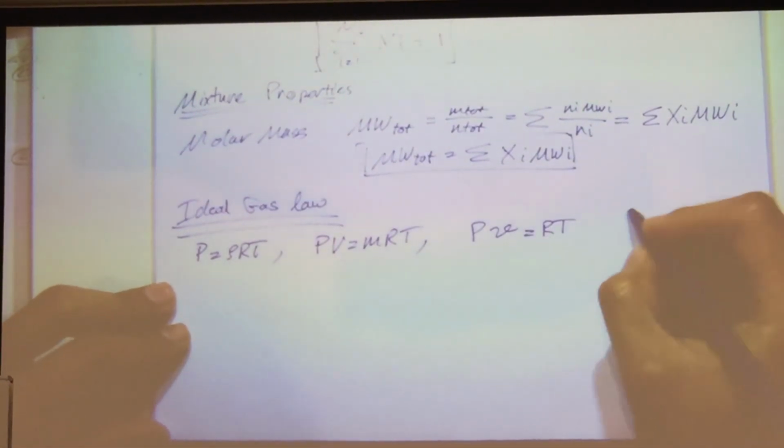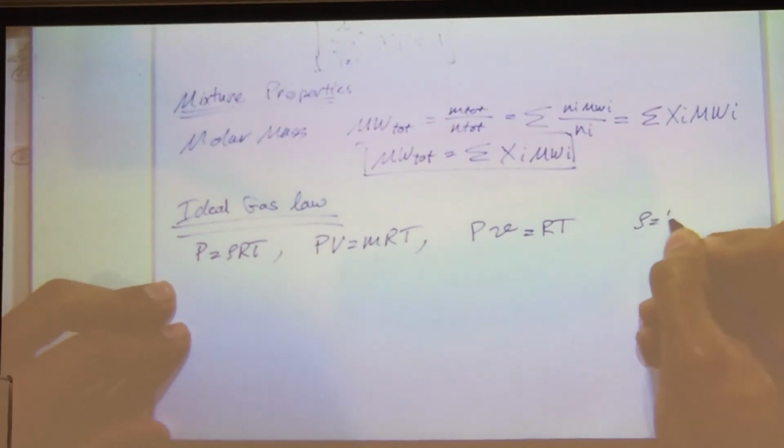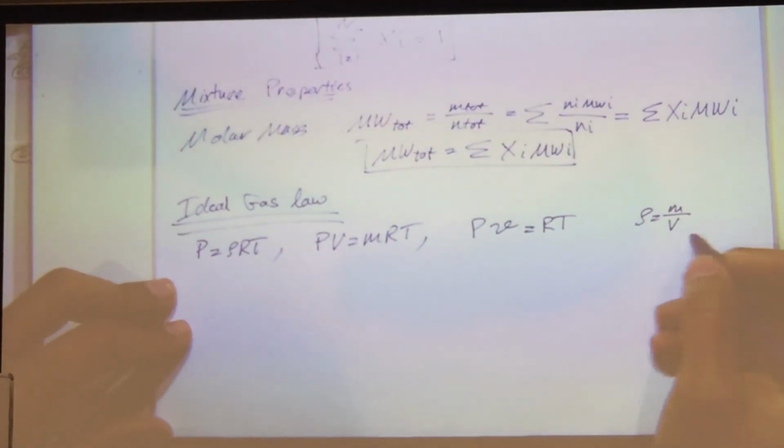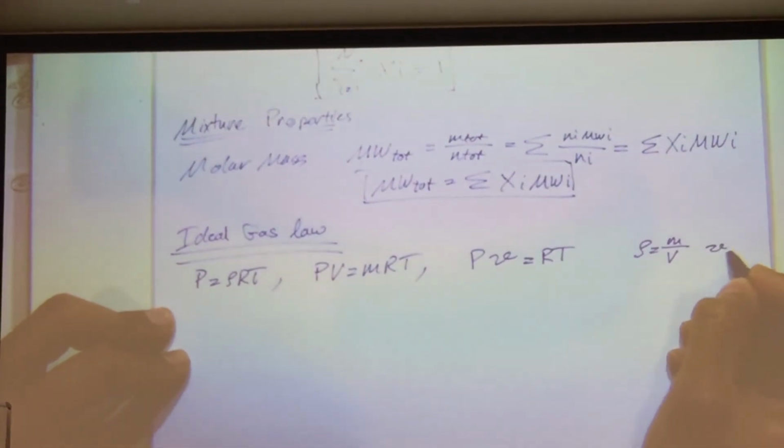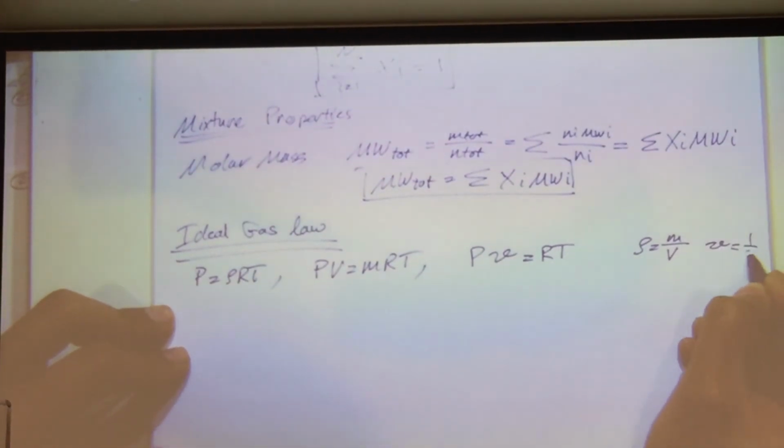Knowing that rho is equal to m divided by volume, and by the same principle, the specific volume is equal to 1 over density.